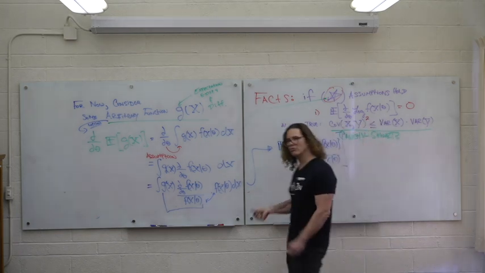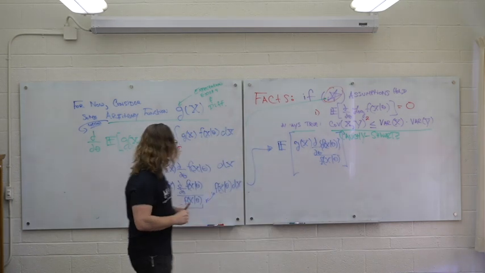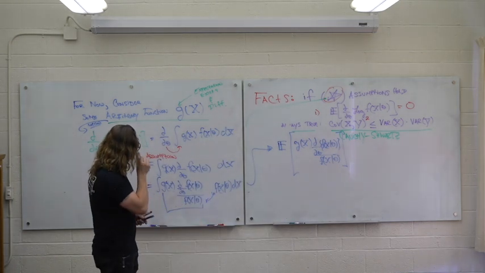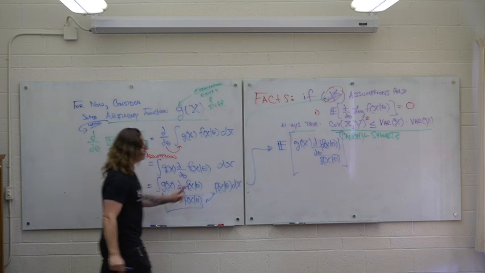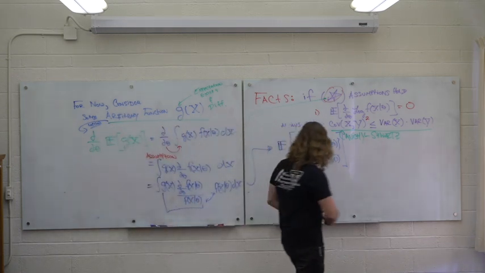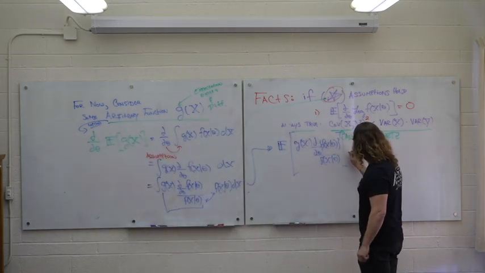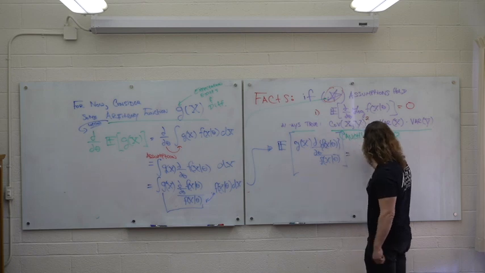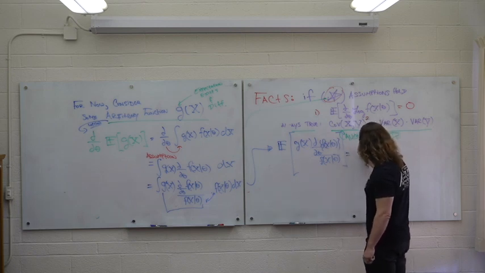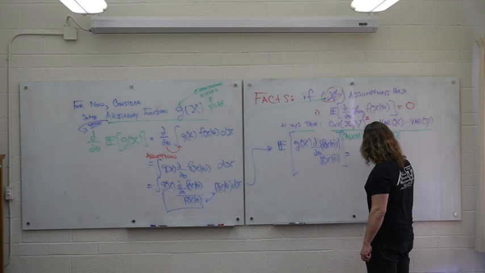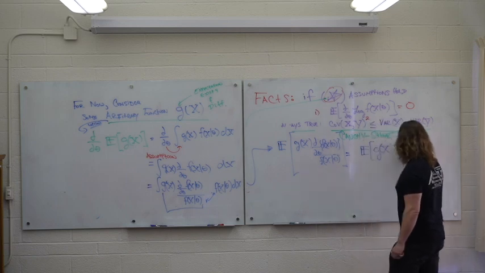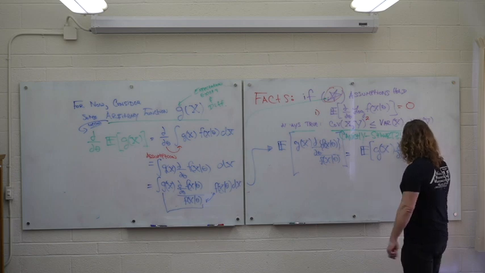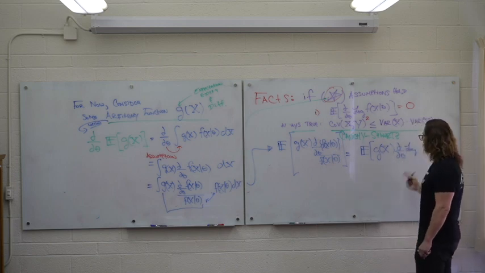So there's no cancellation right there. And that's what it is. So this is equal to that, right here. I'm going to reinterpret this one more time, and I'm going to write this down like this. Expectation, g(x), derivative with respect to theta, logarithm. This is the natural log.